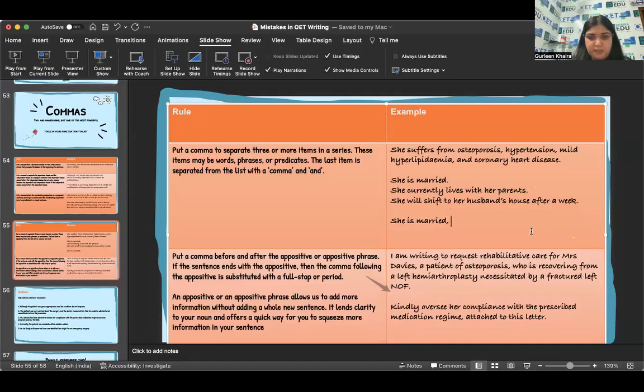She is married, comma, currently lives with her parents. So there are three predicates that we're combining. And the rule says that if there are three or more items, then we separate the last item of the list with a comma and "and," and the others just by using commas.